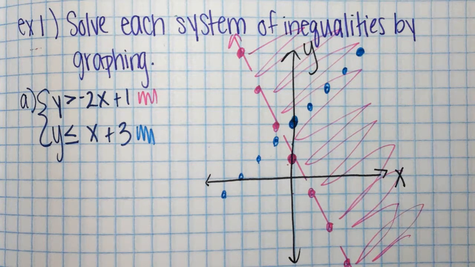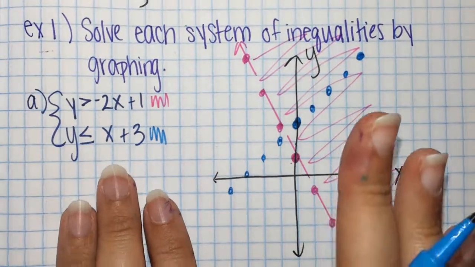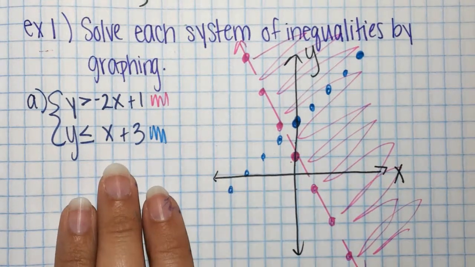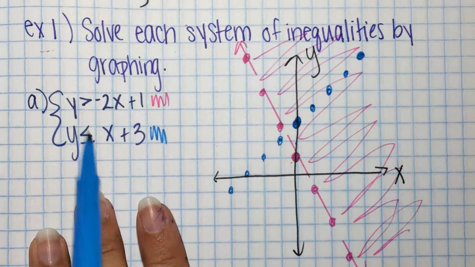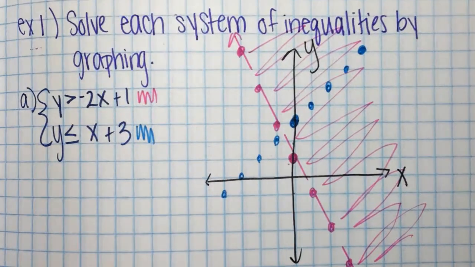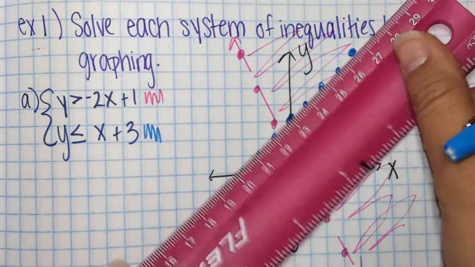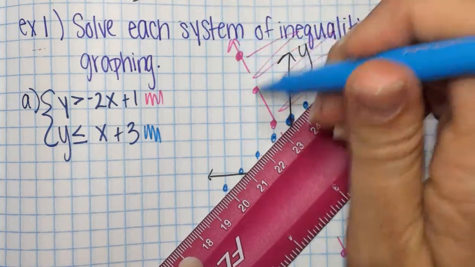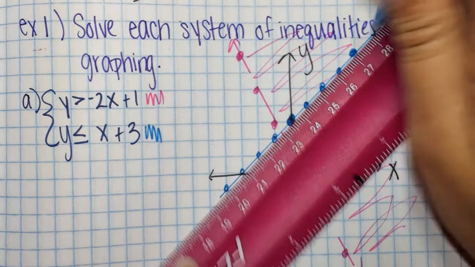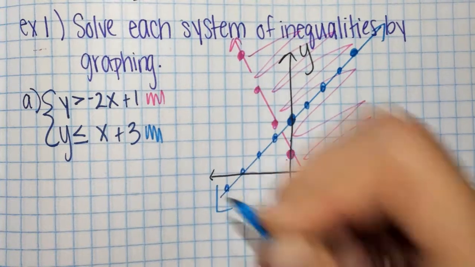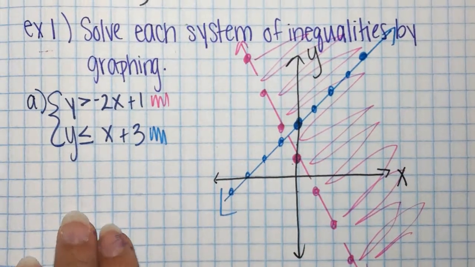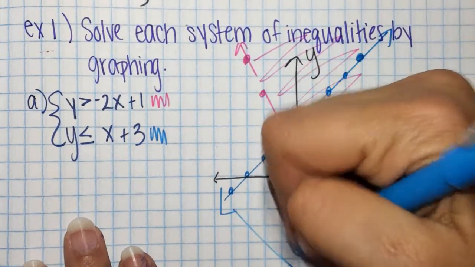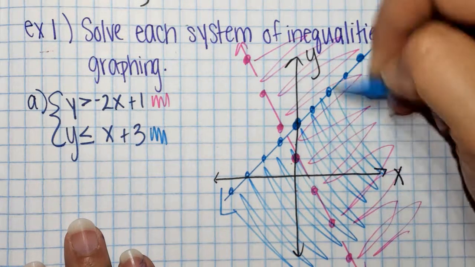With inequalities, you don't have to do that because you're going to have numerous answers based on the shading. Now, am I going to have a solid or a dashed line? A solid line. And am I going to shade above or below? Below, because it's less than.